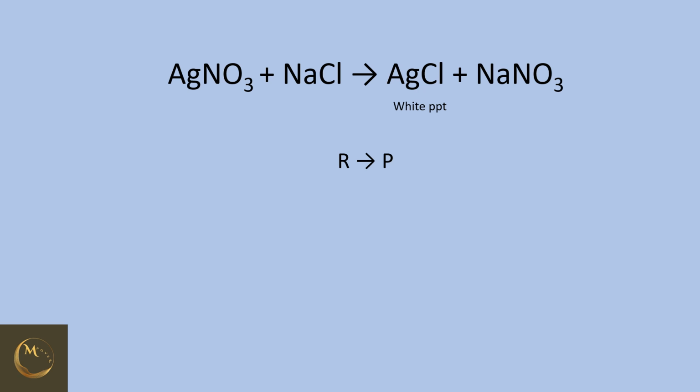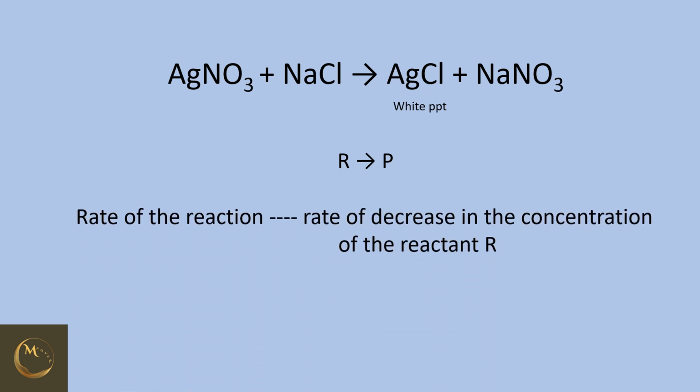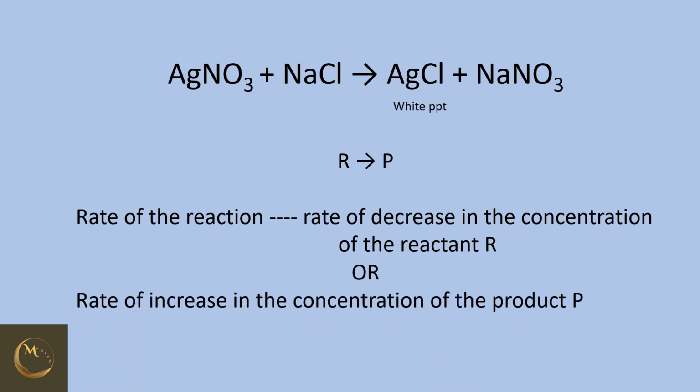Now in this, if we have to define the rate of a reaction, we can find out the rate by observing the rate of decrease in the concentration of the reactant or the rate of increase in the concentration of the products. Why am I saying this? What is happening during the reaction?